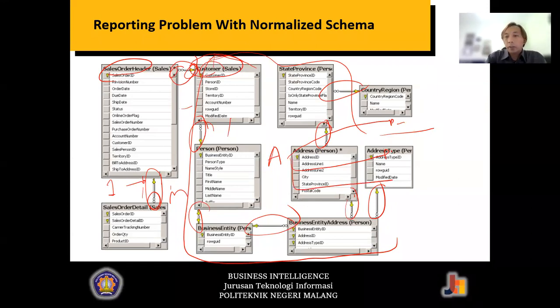So that is why a person can have multiple customer records.